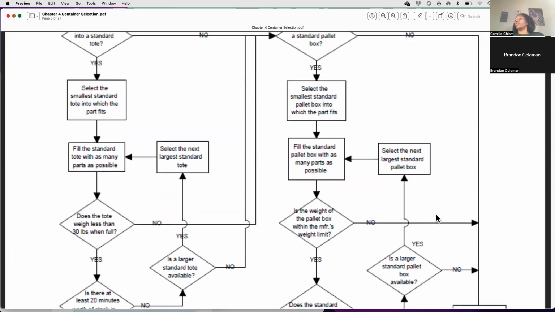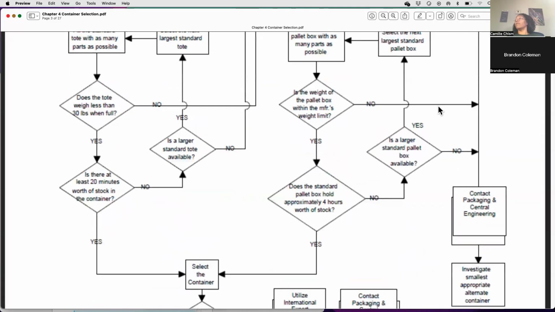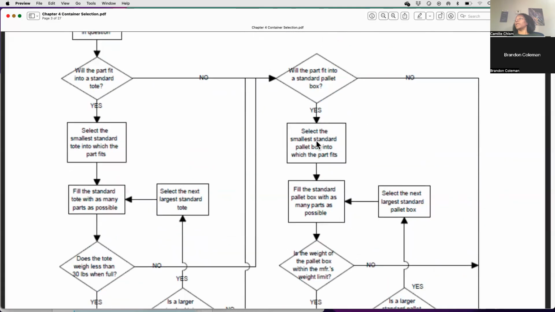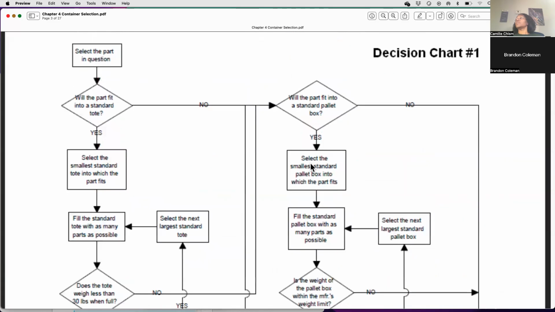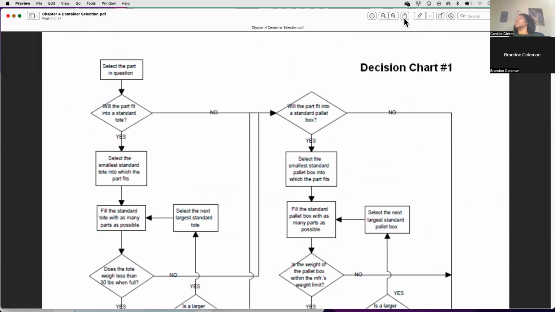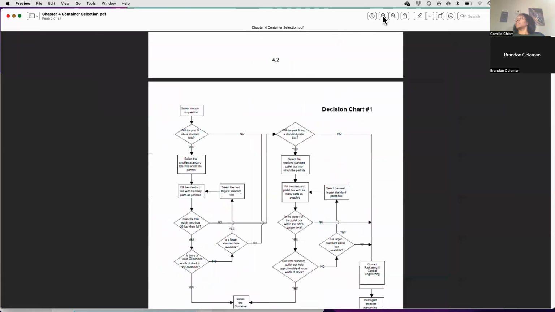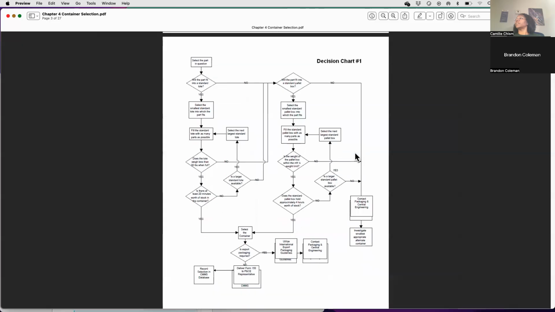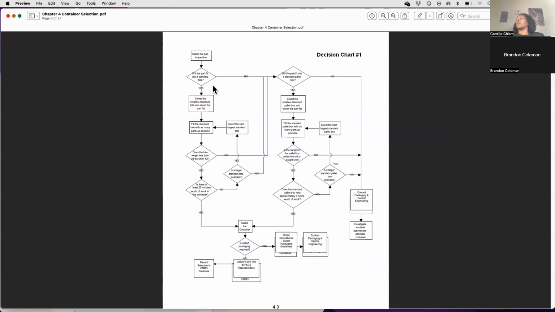You can see you have no, and you just keep going. But again, you can go through this loop. So when you look at it initially it looks fairly complicated, but as you start going through each portion of that flow chart and you get to each decision point, it makes it pretty straightforward for you.